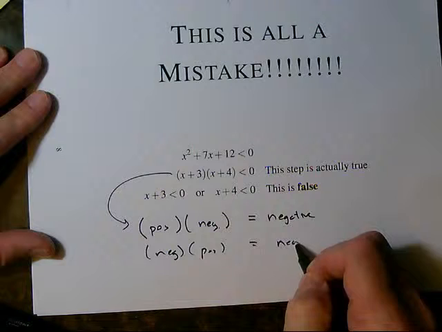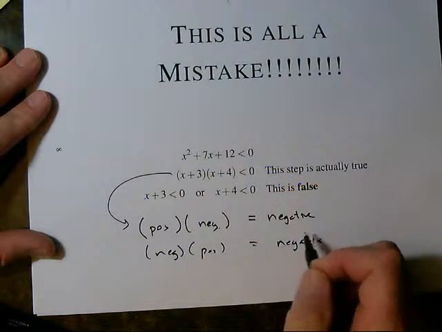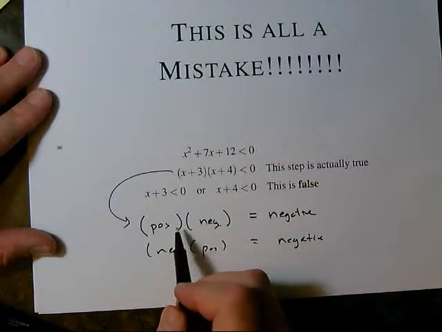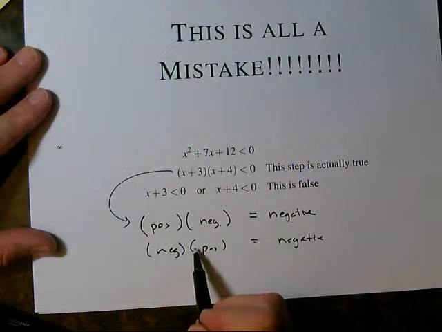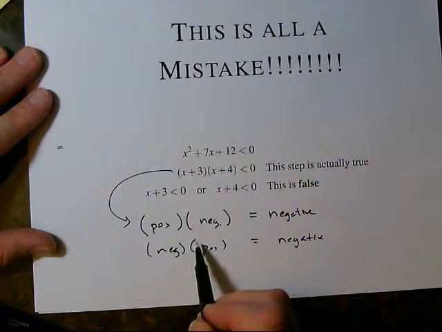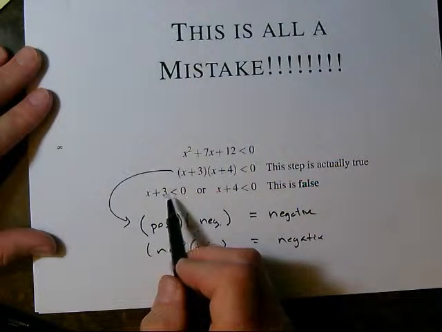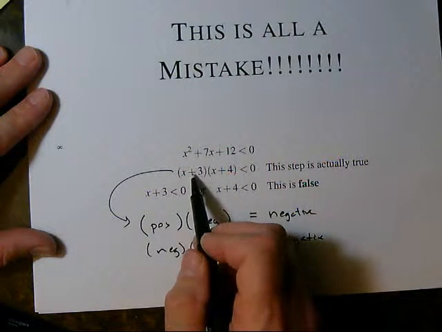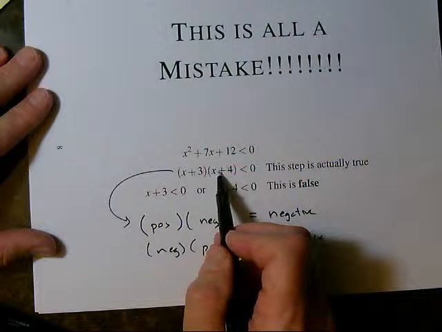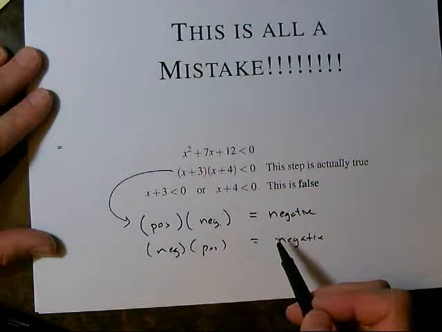The only way that you get a negative as the result is if the signs are opposite on the two things being multiplied. Well, look what this says here. I take a negative and a negative, so this is negative and this is negative, and I multiply them together and I make a negative. That's silly.